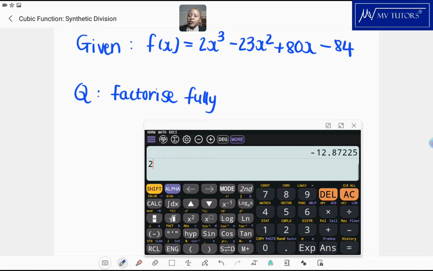If I want to check whether 1 is a factor, I substitute 1 where x is, and I must get 0.